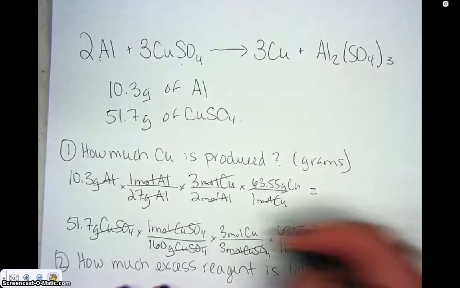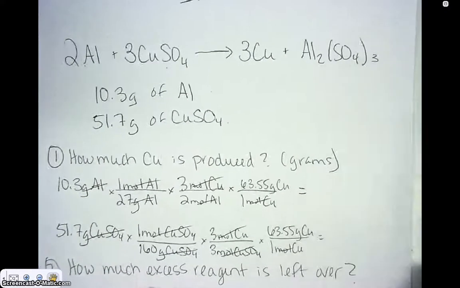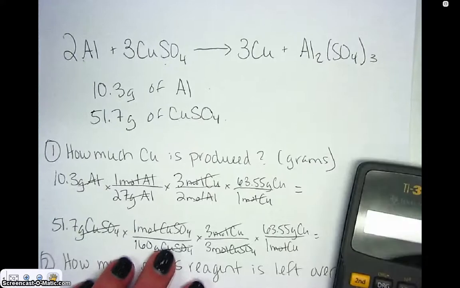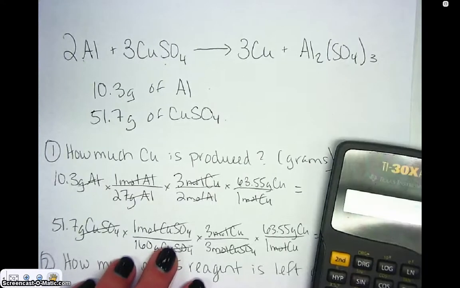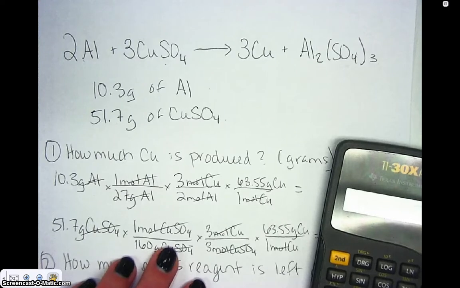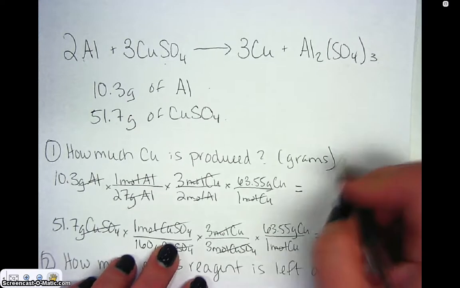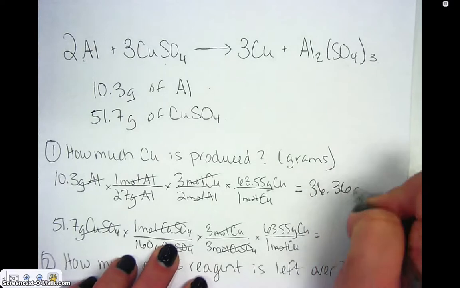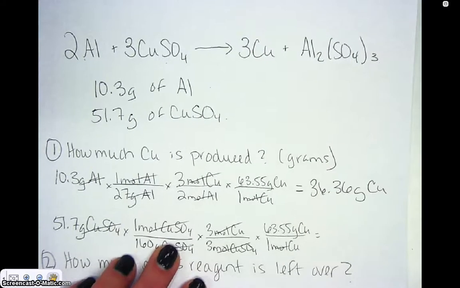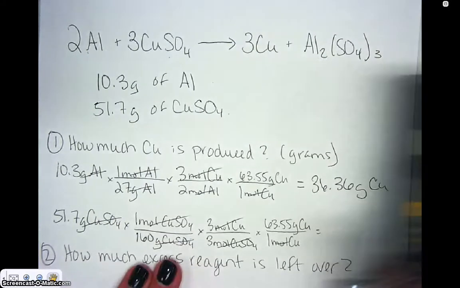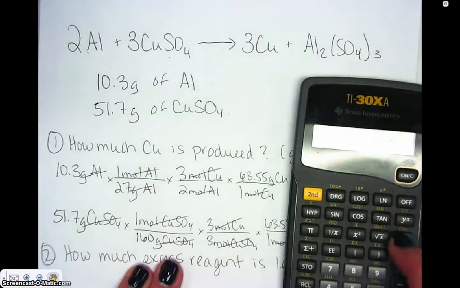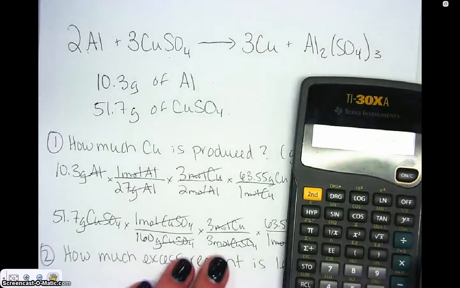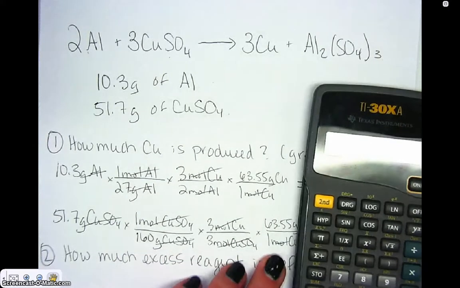Okay? And we'll go ahead and now plug in our numbers and see which one makes the least amount of copper. So 10.3 divided by 27 times 3 divided by 2 times 63.55. 36.36 grams of copper could be made if we react all that aluminum. And then we'll look at this one, 51.7 divided by 160 times 3 divided by 3, and then times 63.55.